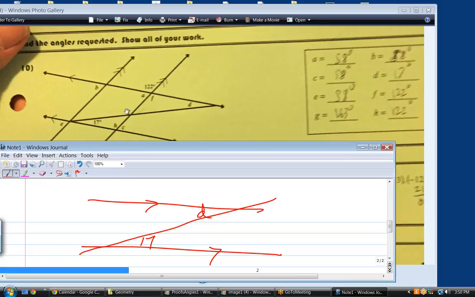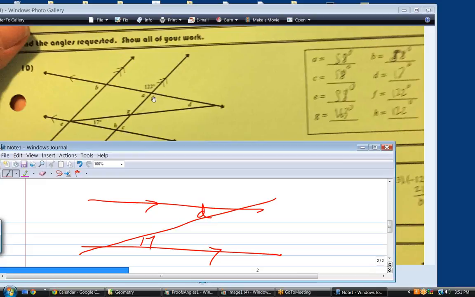And in fact, we have a theorem that's coming up in the next chapter, I was looking, that says angle G is equal to 17 plus H. In other words, that exterior angle G is equal to the sum of the other two angles that it is not supplementary with. It's supplementary with that angle right there, and that angle is supplementary with the sum of H and 17.